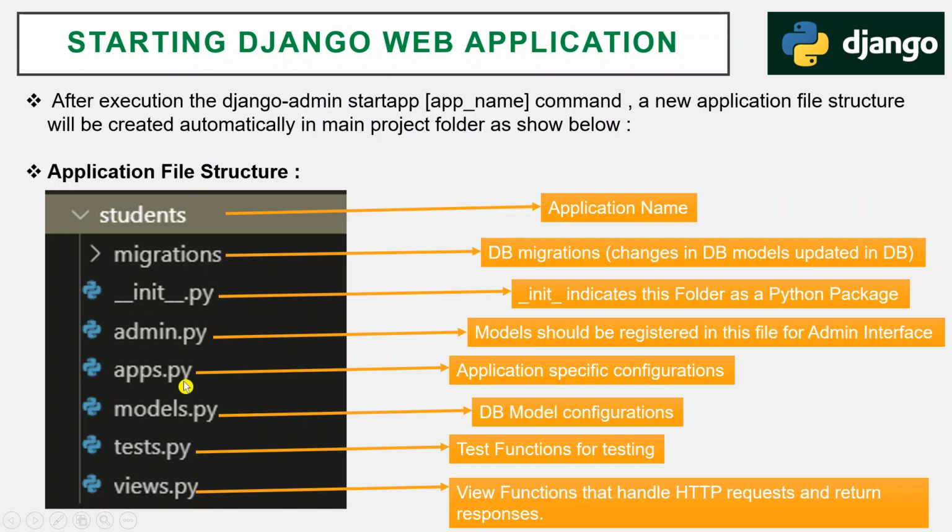And then apps.py. The name itself indicates that it consists of application-specific configurations. Then models.py. As the name implies, it consists of all the database model configurations.